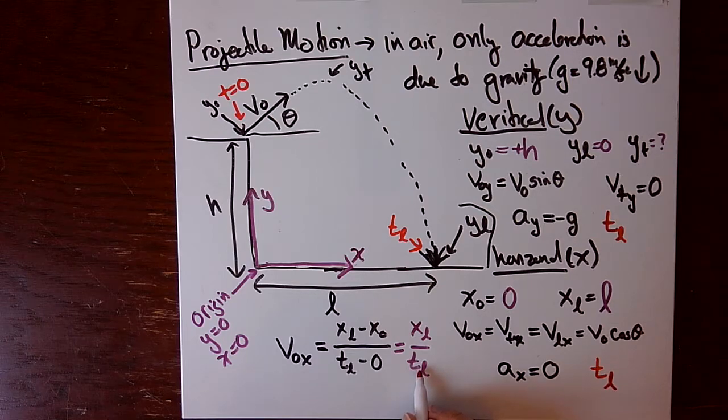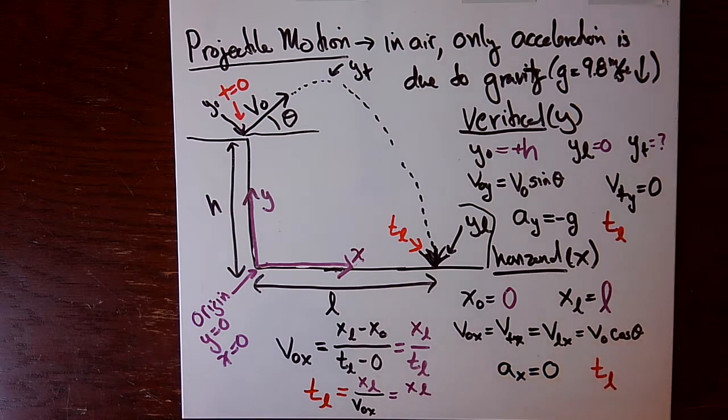Then I can rearrange this. I'll multiply by the landing time on both sides, and divide both sides by the initial component of the x velocity, and I'll get the landing time is equal to the landing position in x divided by the initial x velocity. And we can even plug in what we know about that.